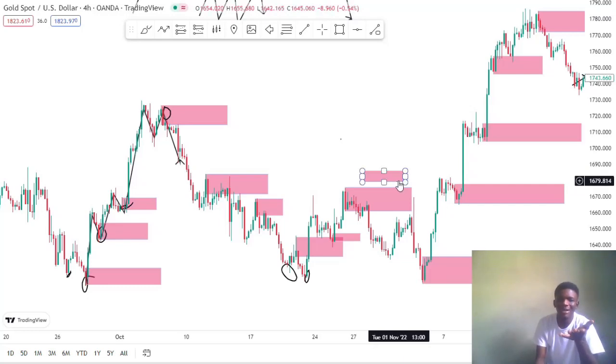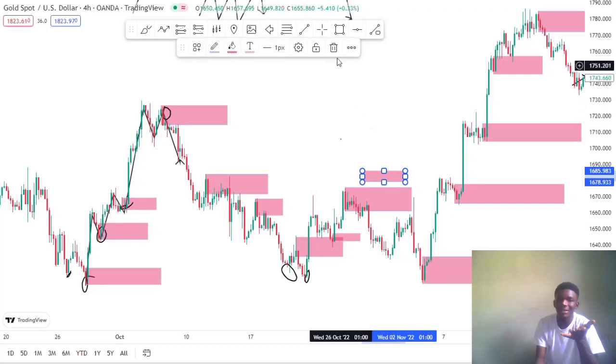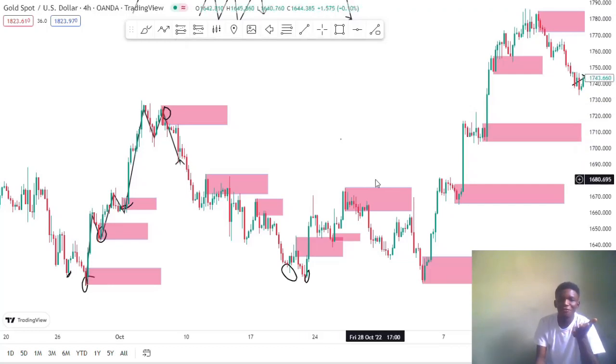And this has scaled me in terms of understanding the behavioral pattern, how the market moves each and every day, and it has given me an edge in the market.